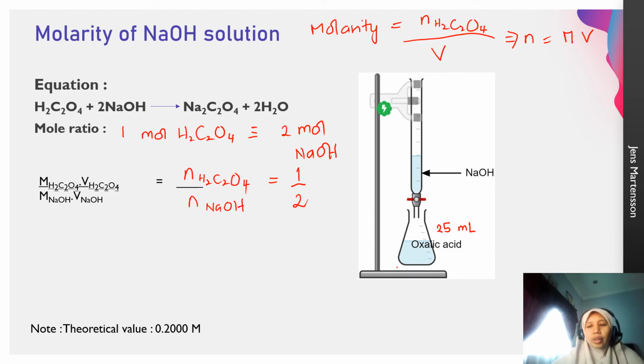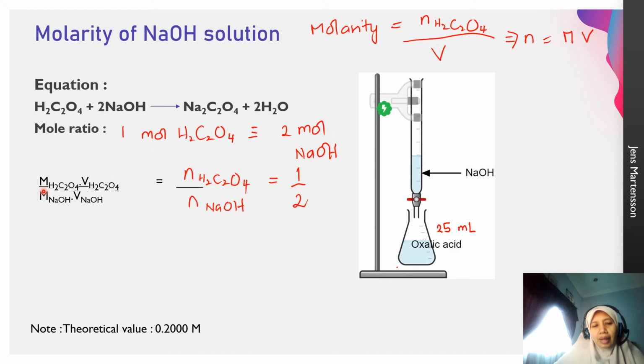Now, do we know the molarity of oxalic acid? Yes, we obtained this in part A. Do we know the volume of oxalic acid used? Yes, we used 25 ml of oxalic acid.